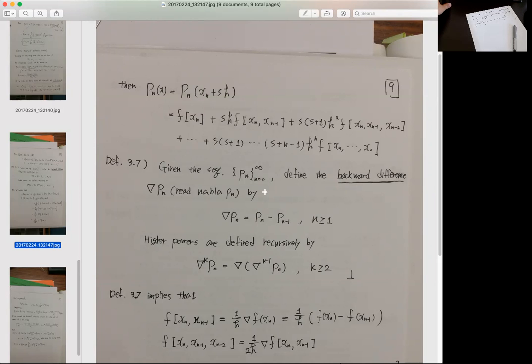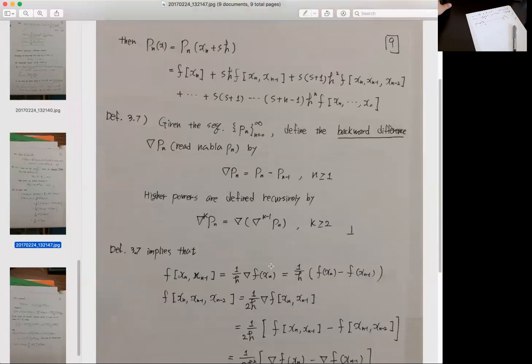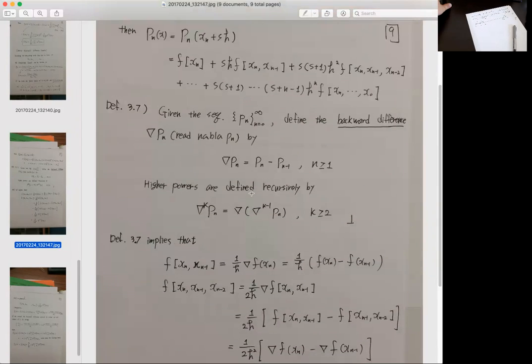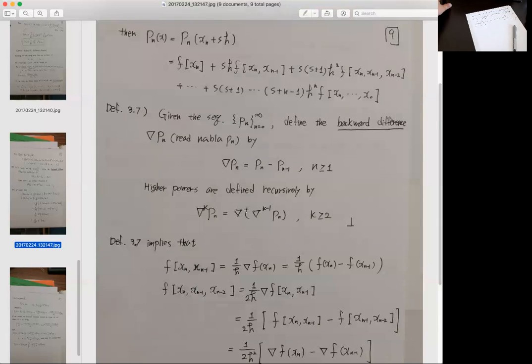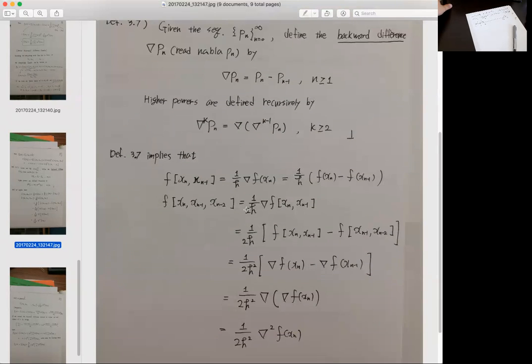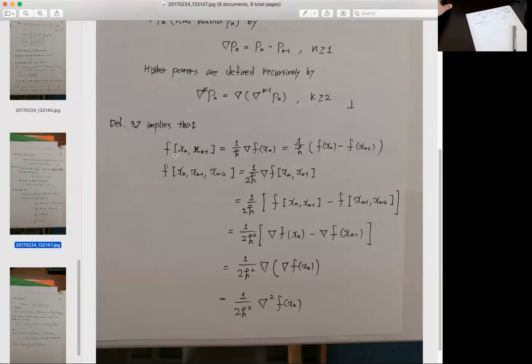Now nabla Pn is defined as Pn minus 1, and the higher powers are defined recursively: nabla to the k power of Pn is nabla times nabla to the k minus 1 of Pn. Implying this definition of the backward difference formula into the divided difference formula, we're going to get f of xn, xn minus 1 is equal to 1 over h times nabla of f of xn.